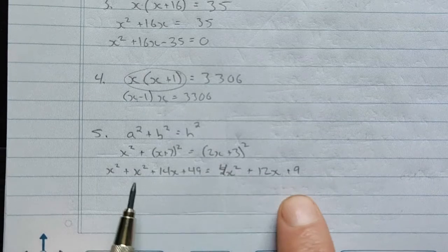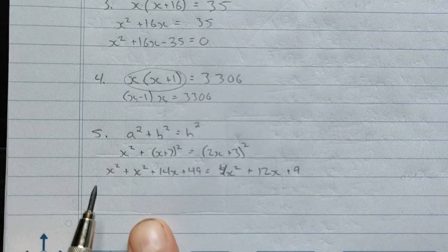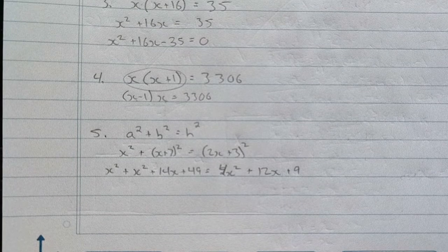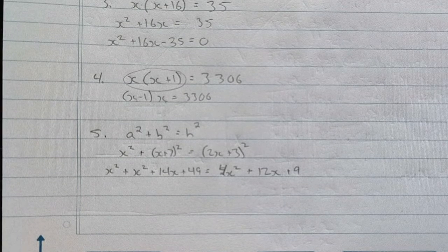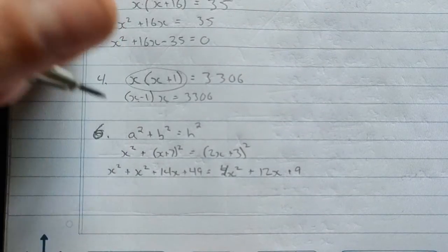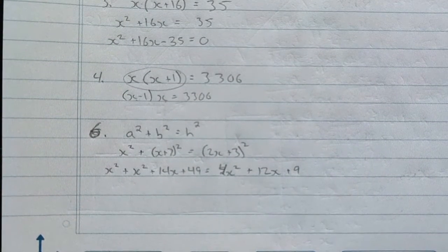So you expand that all out. You'd simplify it down to a quadratic equation equal to 0. And then you can use factoring or the quadratic equation as necessary to solve that. This is number 6, not number 5. Number 6. And use the quadratic equation to solve that and find the value of x that could work.